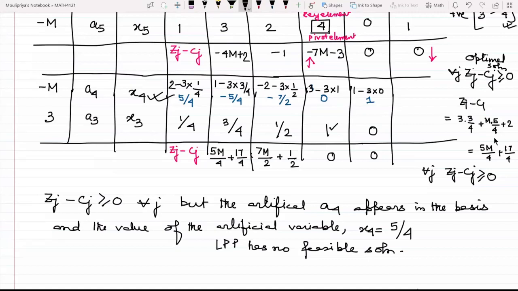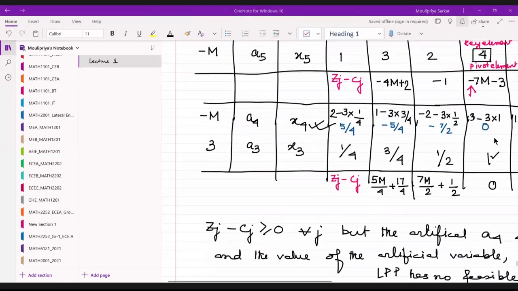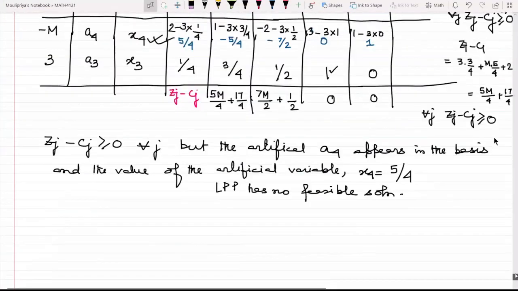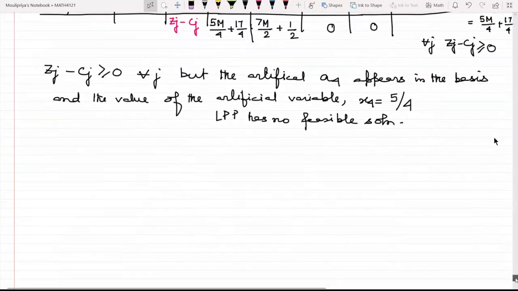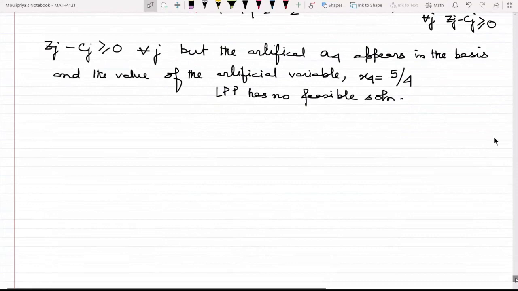Correct. So this is a particular case that we did where the problem has got no feasible solution.